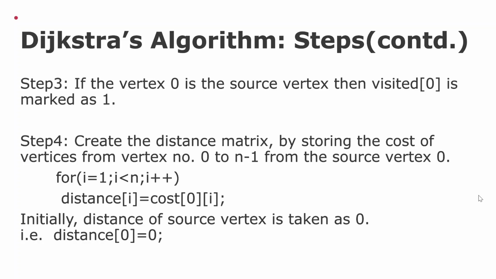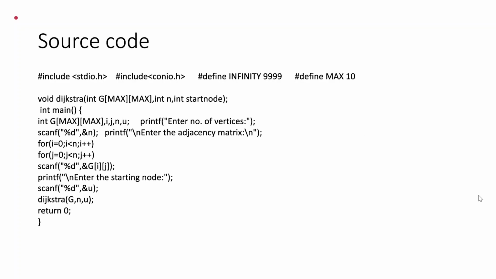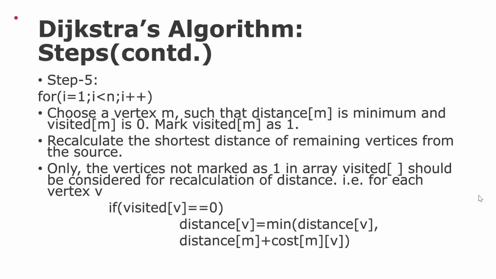Now this is the final step, step number 5. Choose a vertex m such that distance[m] is minimum and visited[m] is 0. In each iteration you just see one row we have formed, a column of the table is formed.